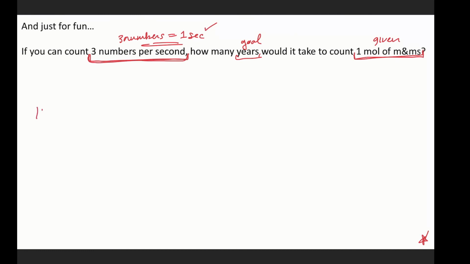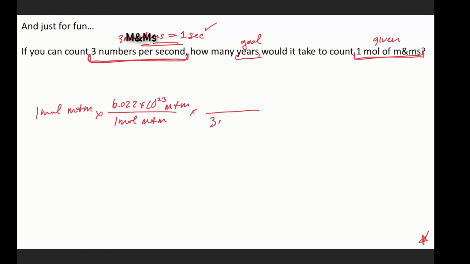So if I have 1 mole of M&Ms, obviously I need to get out of moles of M&Ms, right? So let's go from 1 mole of M&Ms to 6.022 times 10 to the 23rd M&Ms, right? And if I can count, I should have said I can count 3 M&Ms per second, so let's say I have 3 M&Ms per every 1 second.